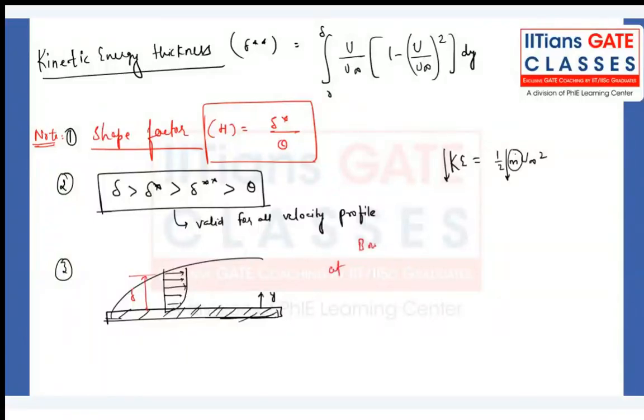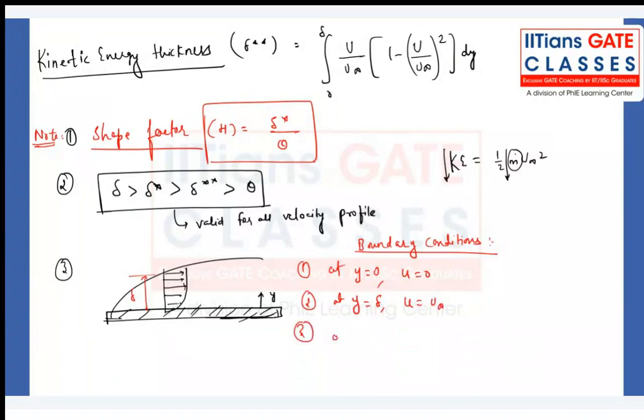Note down the boundary conditions. First, at y equal to 0, u is equal to 0. Second, at y equal to delta, u will be u infinity, almost.